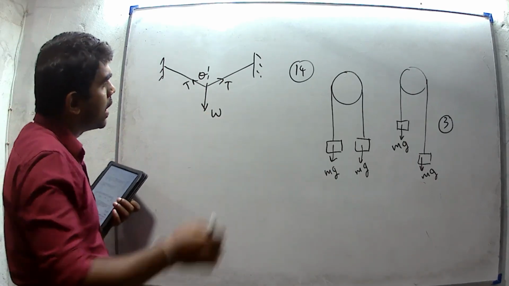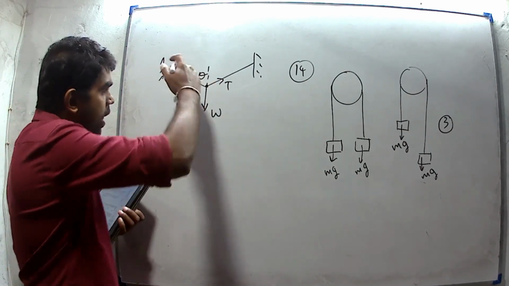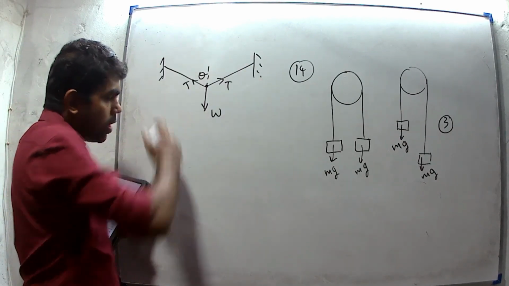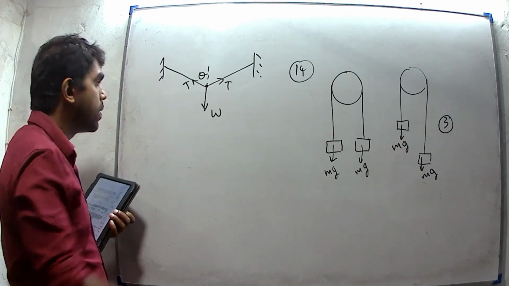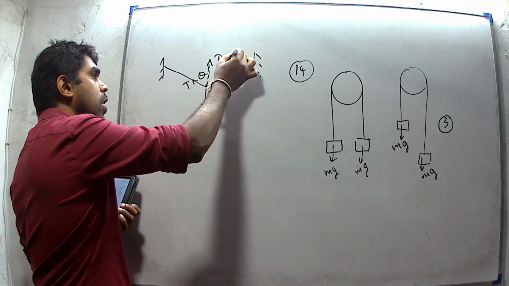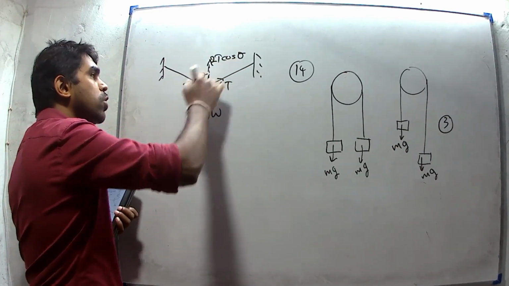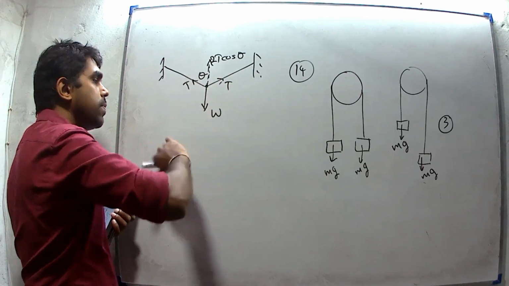Now we can consider the vertical equilibrium of this point. When considering vertical equilibrium, we have to get the components of tension. In the upward direction, the tension component is T cos theta, and there are two of them because of this tension and this tension.